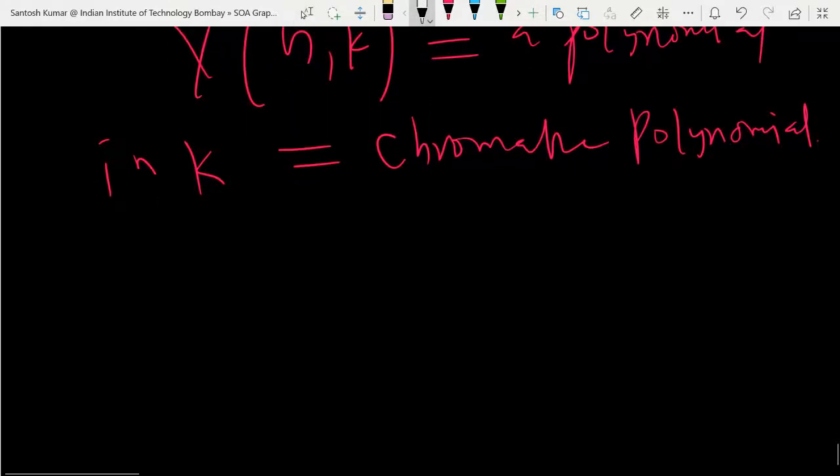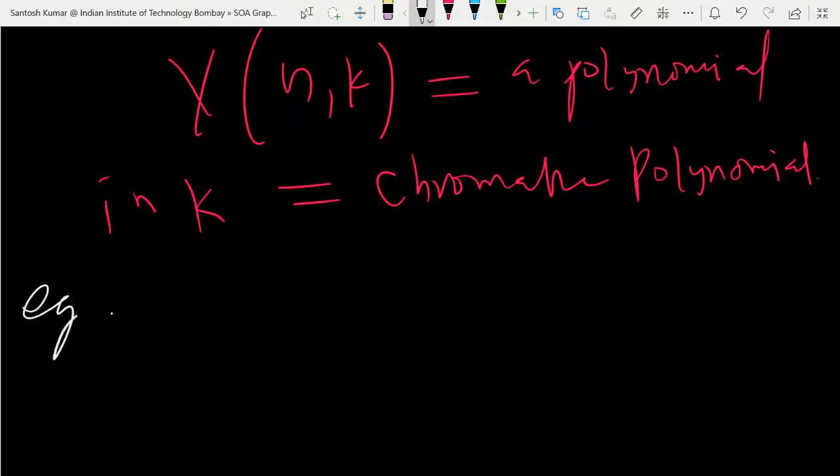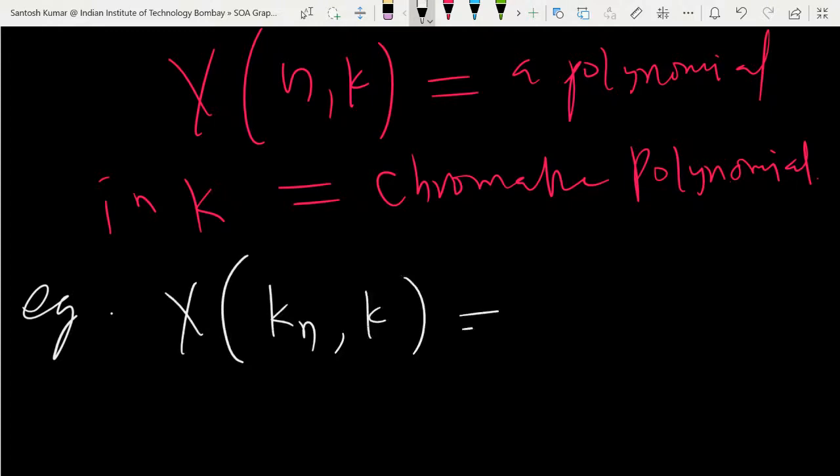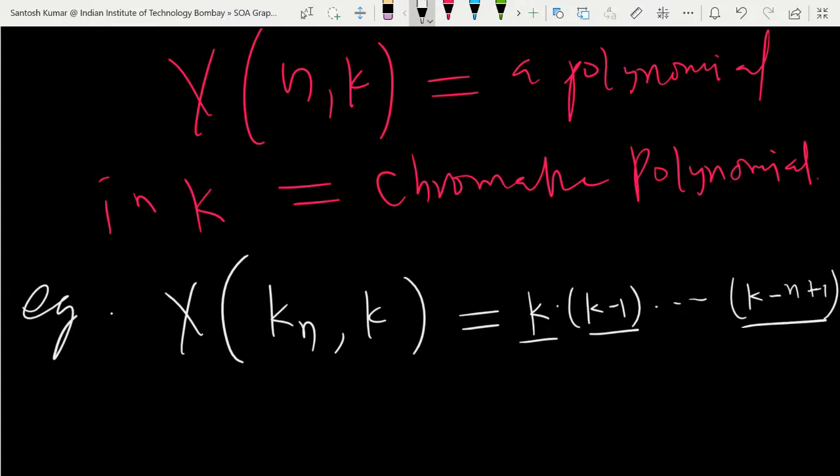for a few graphs. For example, I would like to remind you, for Kn with k colors, do you remember? It was k, k minus 1, and so on up to k minus n plus 1. This is a polynomial in terms of k, and the degree will be n. There are n terms, first term, second term, up to n terms. Since this graph has n vertices, this is a polynomial in k having degree n.